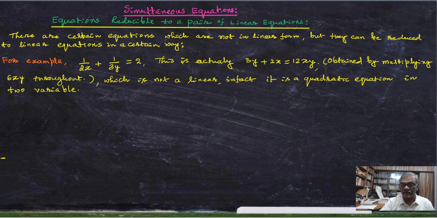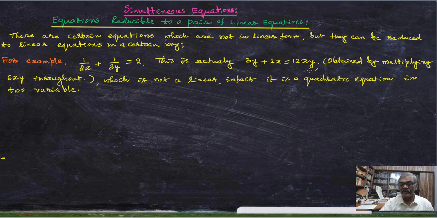This is exactly 3y plus 2x is equal to 12xy, obtained by multiplying by 6xy throughout, which is not linear. In fact, it is a quadratic equation, I mean, an equation of degree 2.